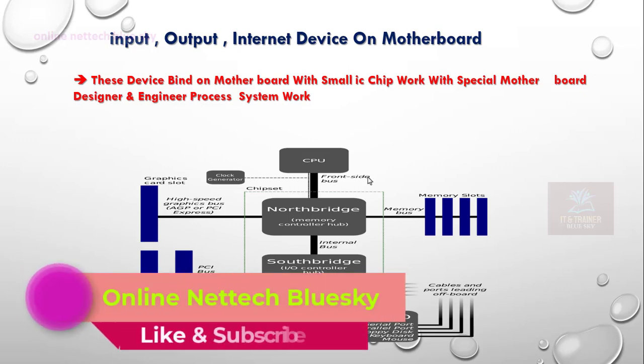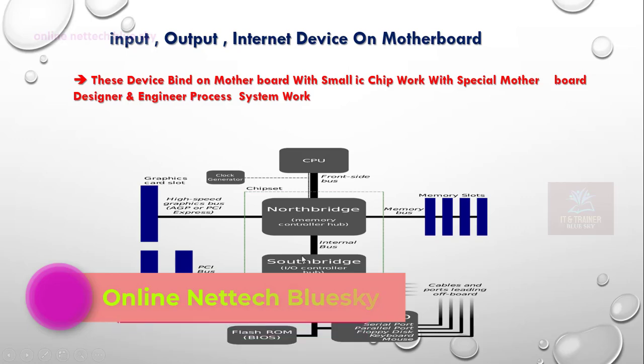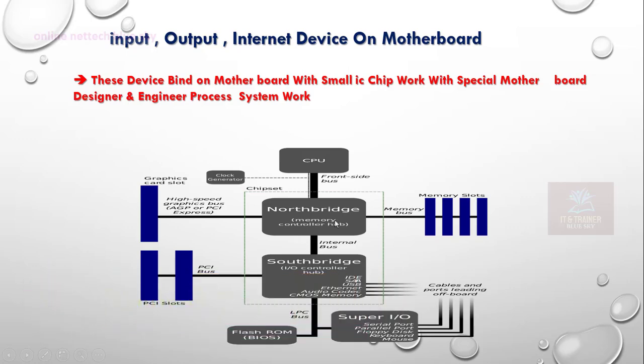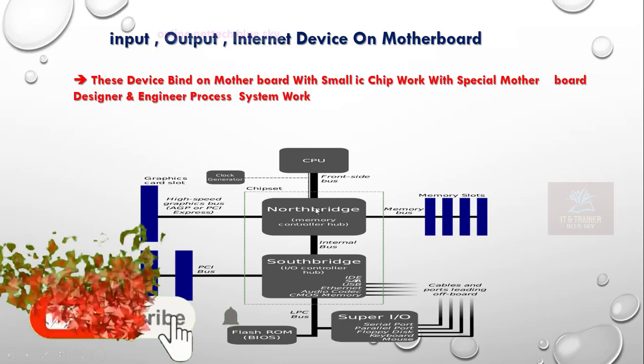So what happens with this motherboard? Input goes inside the south bridge, goes to the north bridge, then to RAM, and from RAM to the CPU for processing. After processing, the CPU sends it through the north bridge to the high-speed AGP and PCI expansion slots on the other side.